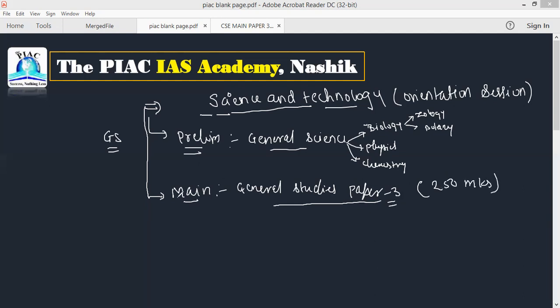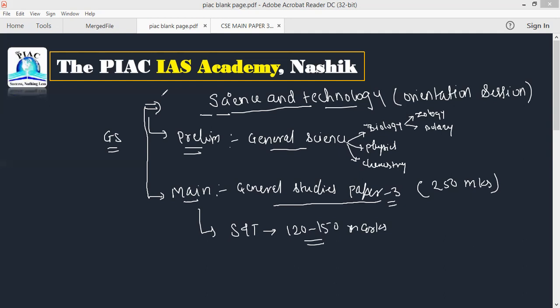Out of this, science and technology, which I will write as SNT, can vary around 120 to 150 marks. There is no fixed mark system given to any discipline.